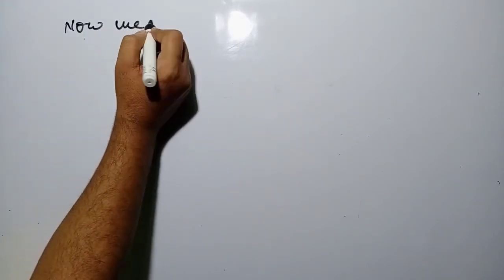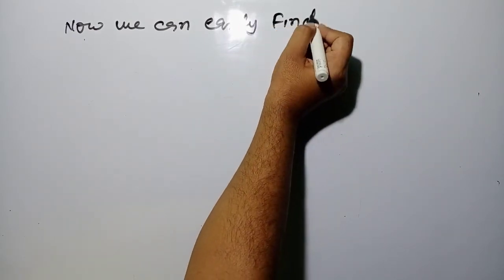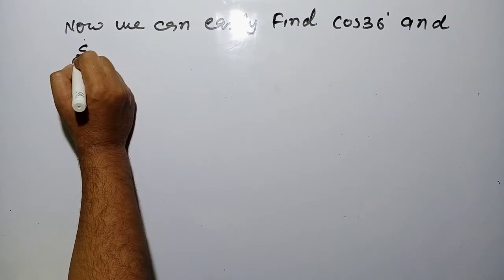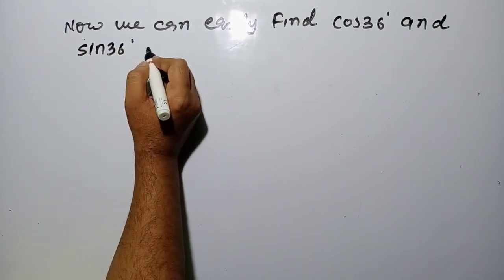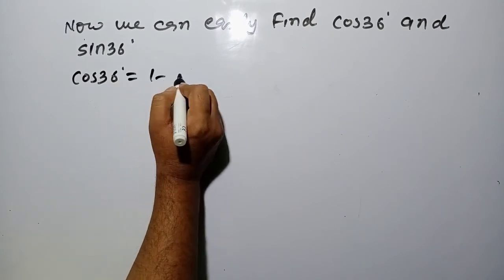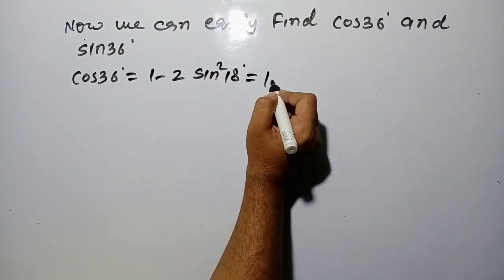Okay students, similarly we can find out the values of different trigonometric ratios at 36 degrees. Now we can easily find out cos 36 and sin 36. How can we find out? So cos 36 can be written as 1 minus 2 sin square 18 degrees, right students?